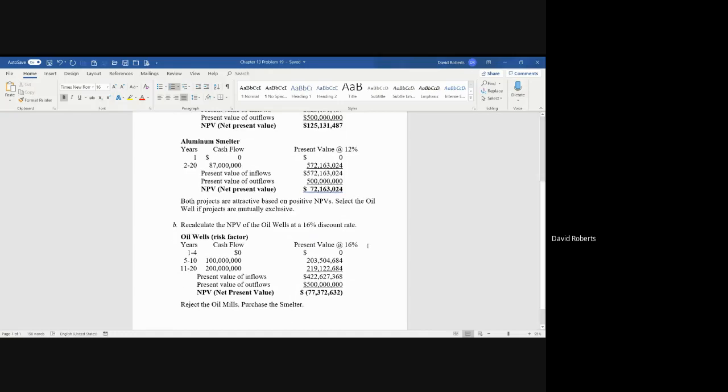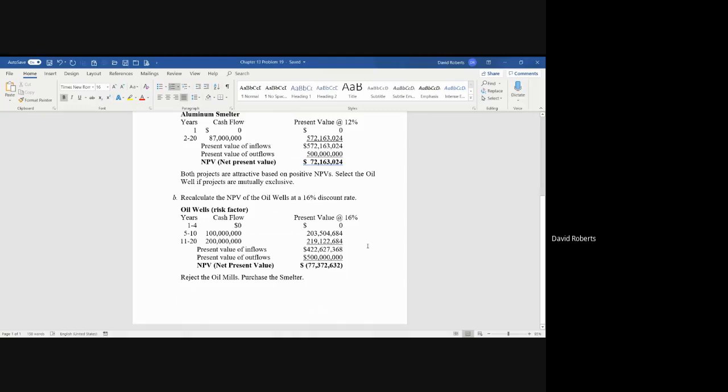Now, part B recognizes the fact that the oil well is a riskier endeavor than the aluminum smelter.